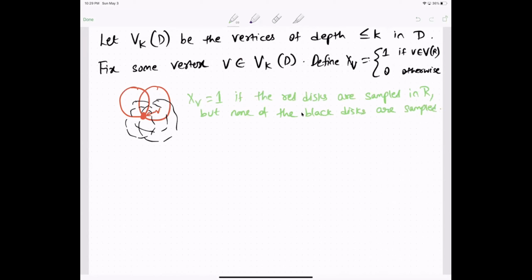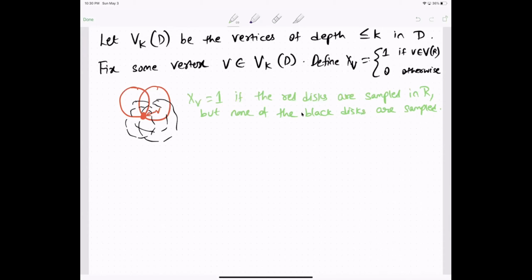If that happens, then this vertex v will lie on the boundary of the union of R. So this is a crucial statement.